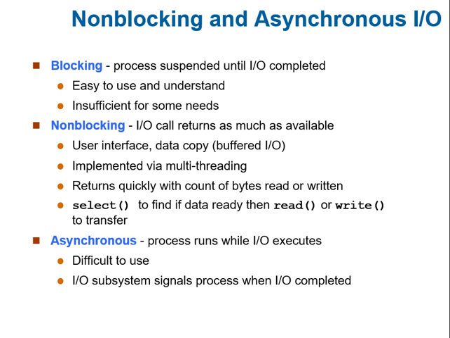Normally for user interfaces, like data copy, it can be implemented using a multi-threading system. This will return quickly with the count of bytes read or written. You can use a select function to find if data is ready, then read or write to transfer. The non-blocking is not exclusive to a specific process, right?